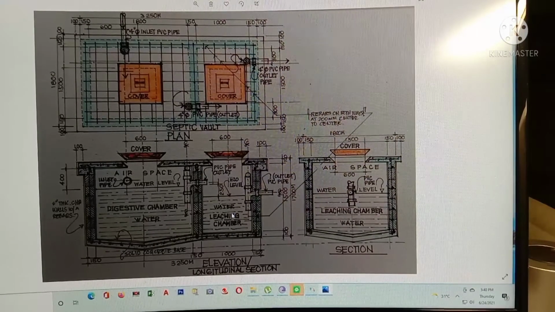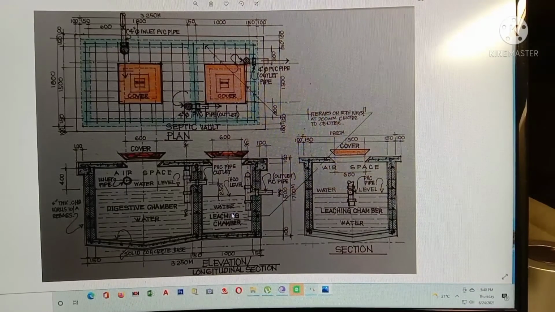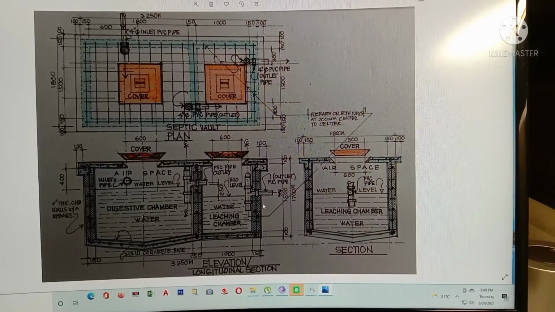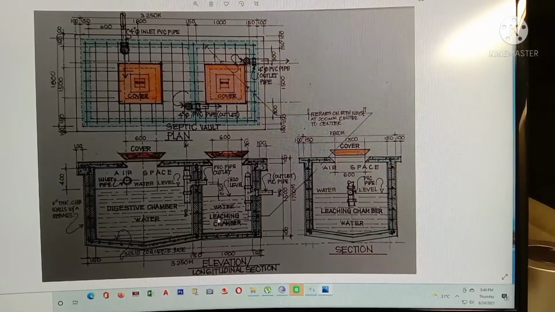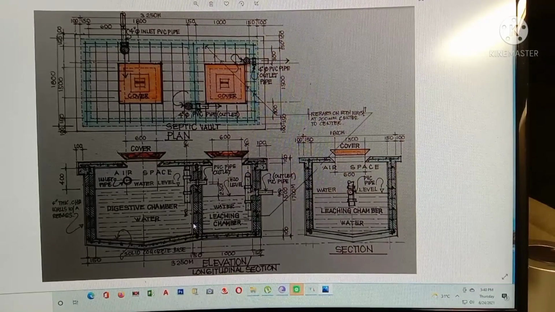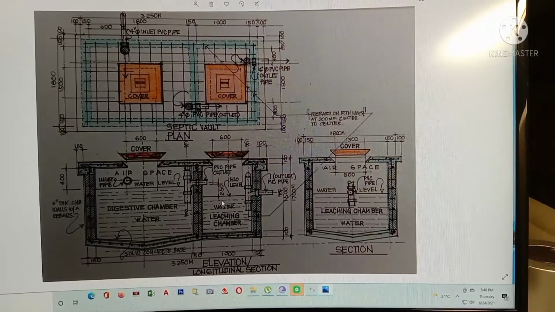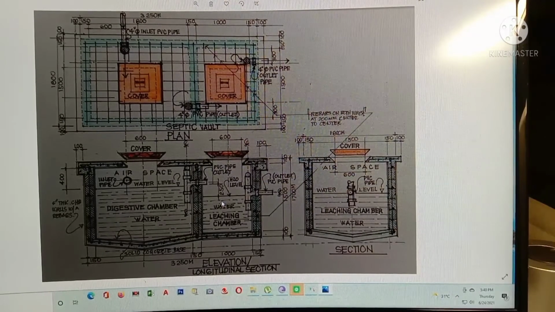There is a strong velocity of air that will help the water to be delivered out into this chamber. With that velocity of air plus the volume of water, the water here will keep on turning like a washing machine. So whatever particles are within this water become smaller and more digested, becoming the smallest particles.